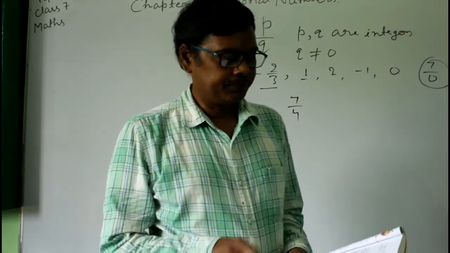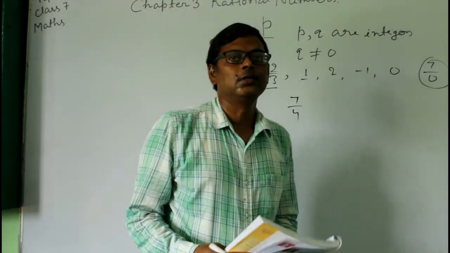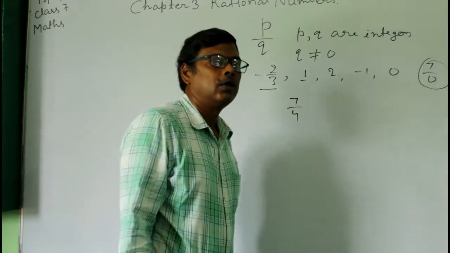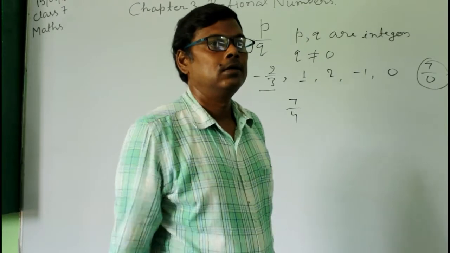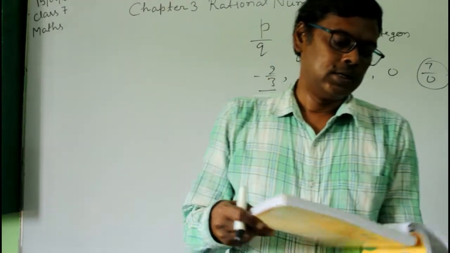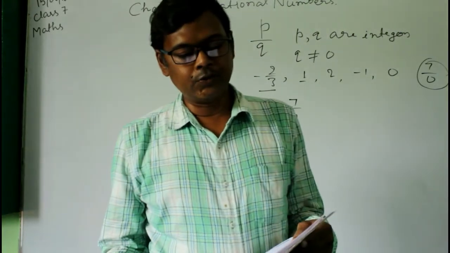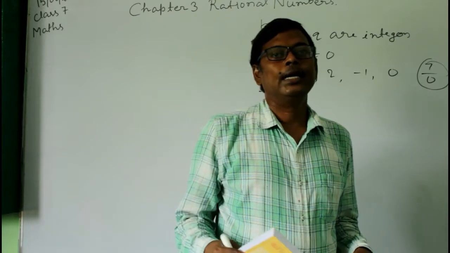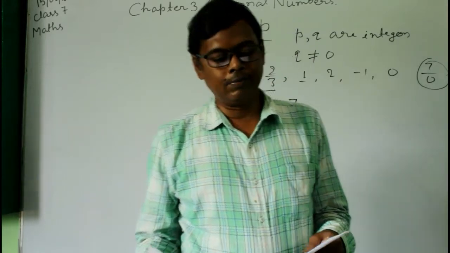The next is how will you express rational numbers on a number line? This is an important topic, and there will be many questions based on this. That is, express or show any rational number on a number line.